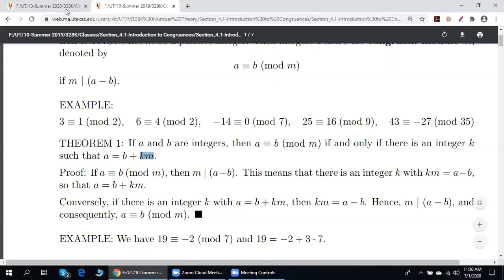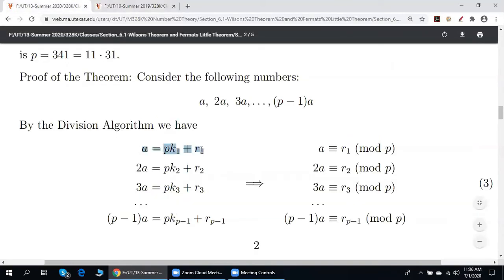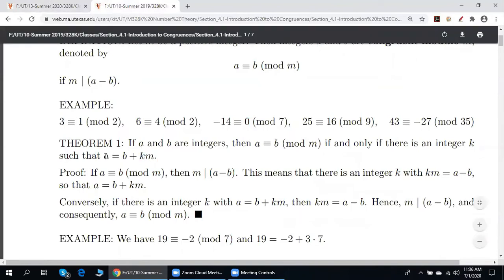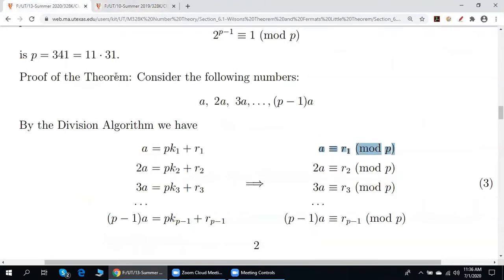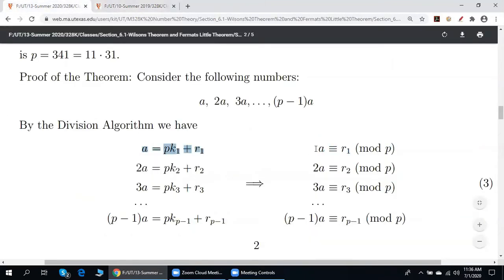This is exactly how we jump from here to here. So once again, since this implies this, this implies this, and so on.